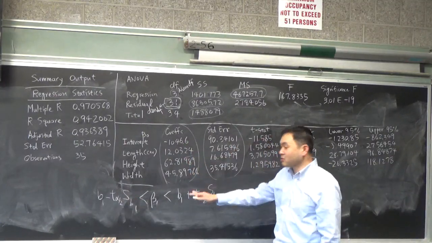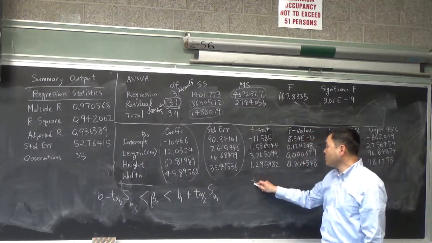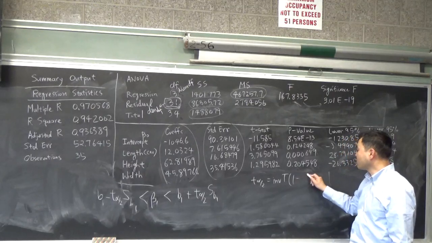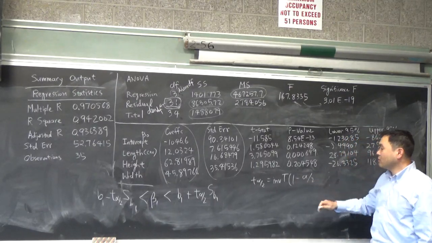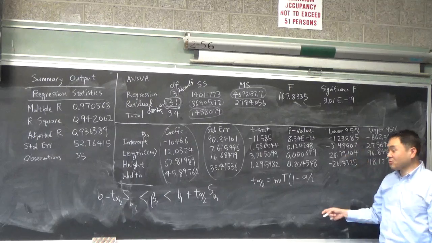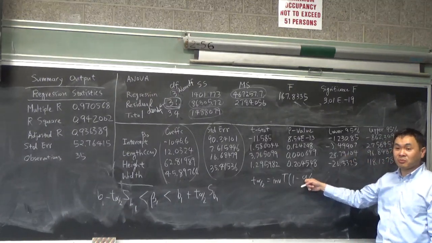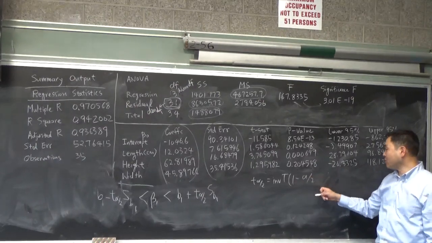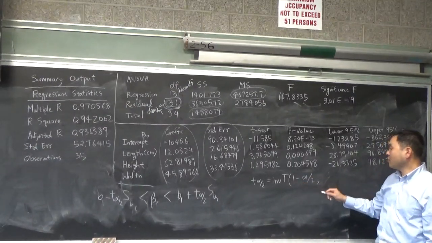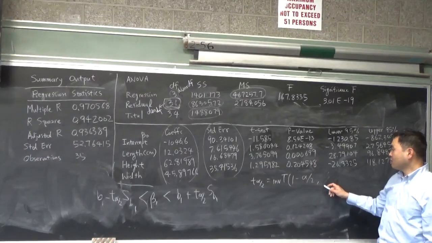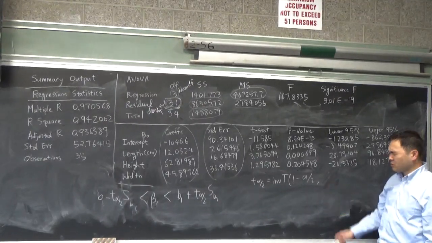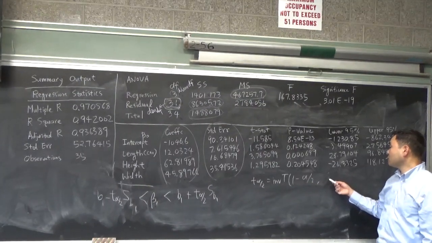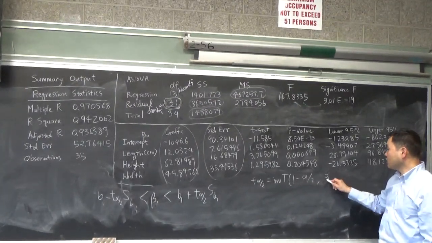Same margin of error, plus and minus. Now, what is T alpha over 2? This one is the inverse T of 1 minus alpha divided by 2. So we're doing 95% confidence interval, so significance level is 0.05. So you do 1 minus 0.05 divided by 2, and then you put degrees of freedom, which is 31.